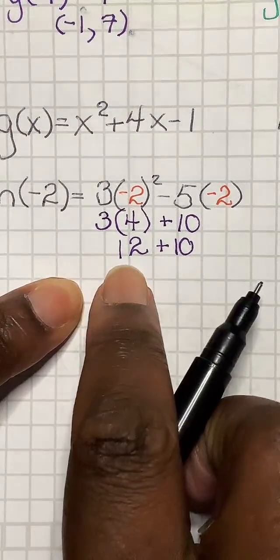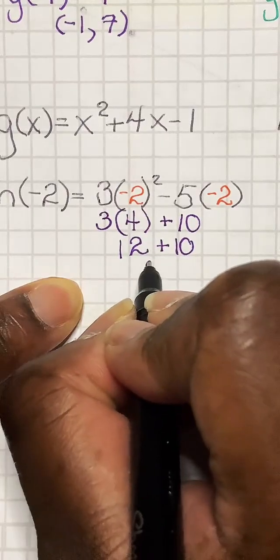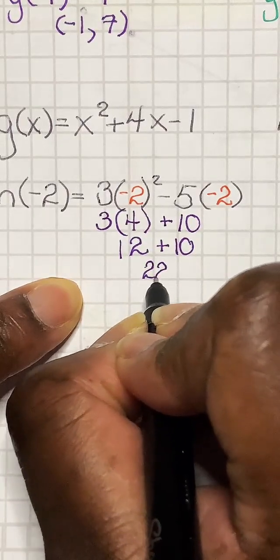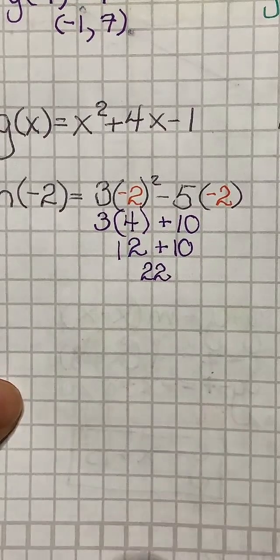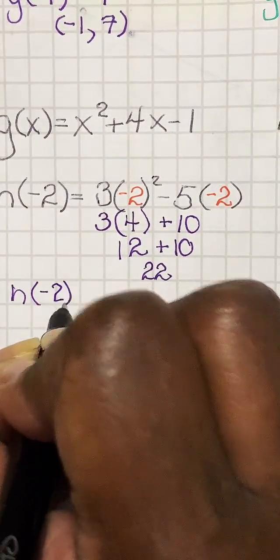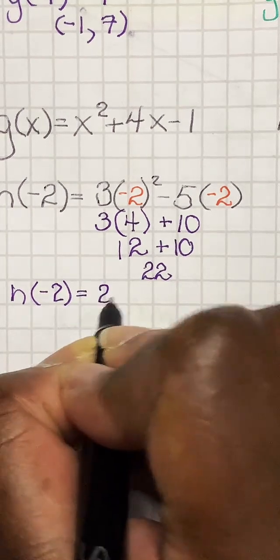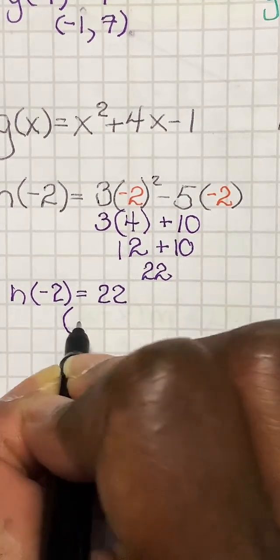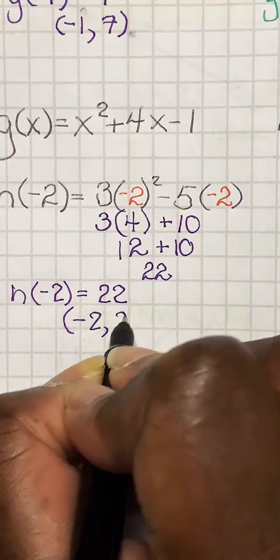Now you have 12 plus 10, which gives us 22. So that means the h of negative 2 is equal to 22, which ordered pair is negative 2, 22.